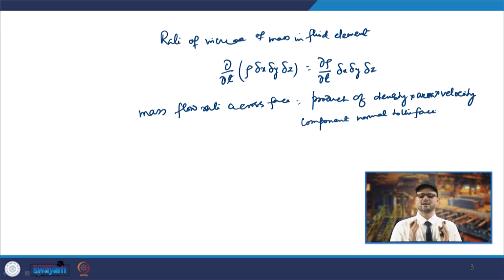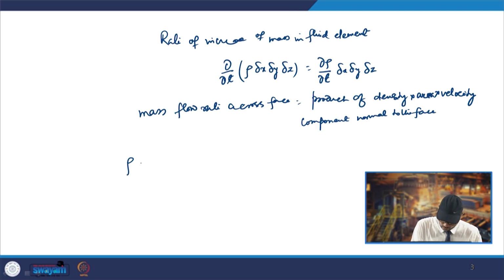So, you will have the velocity component which is normal to the face, and then you will have density and the area.